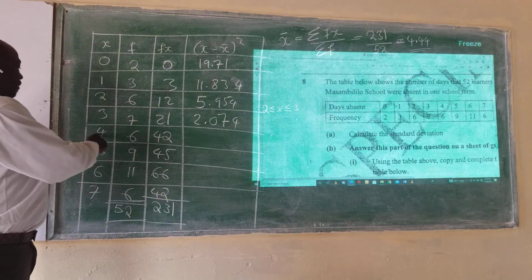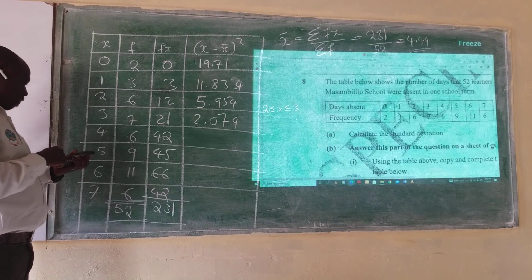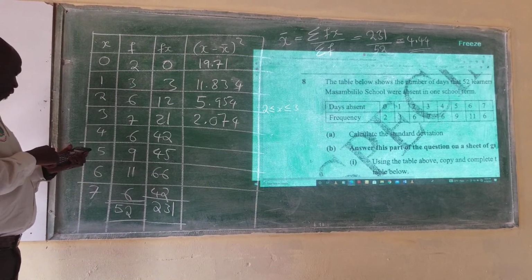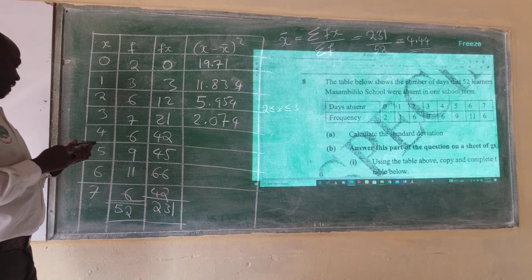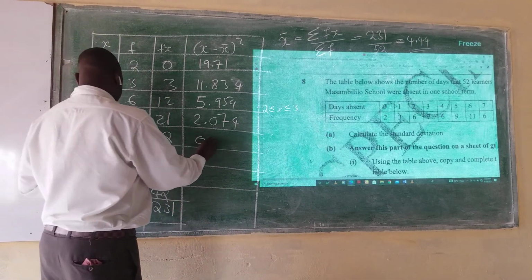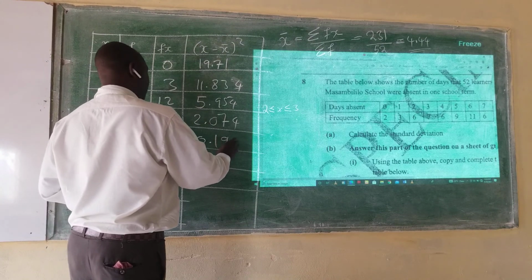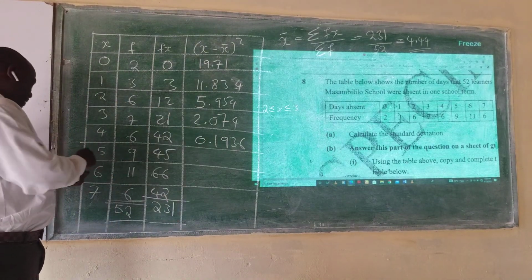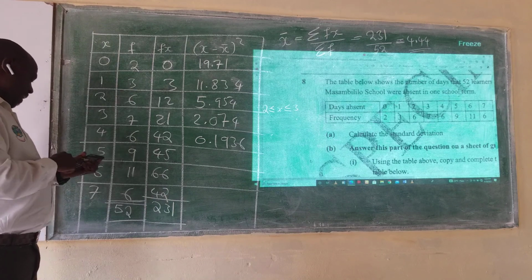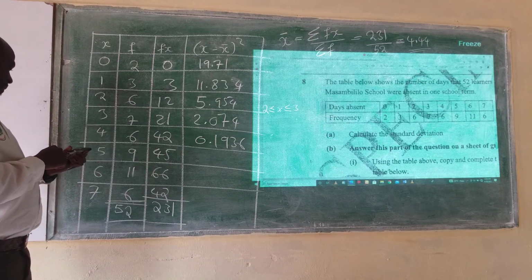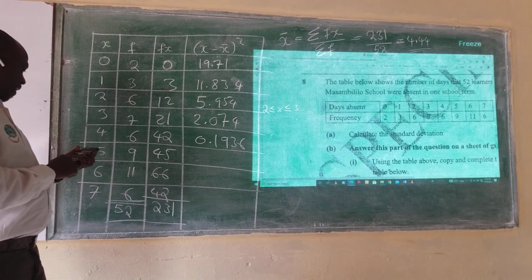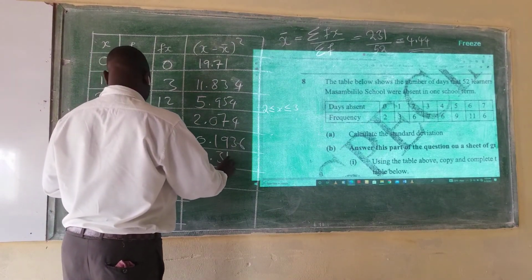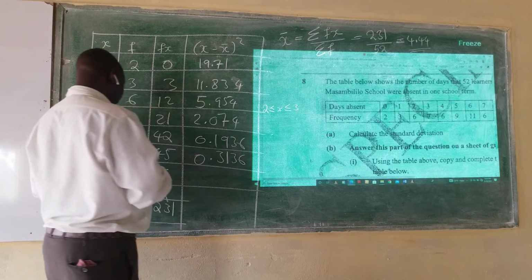Open bracket, the next one is 4, so we are getting 4 minus 4.44, close, you square, we are getting 0.1936. The next one, we open bracket, we punch 5, minus 4.44, close bracket to square, we are getting 0.3136.